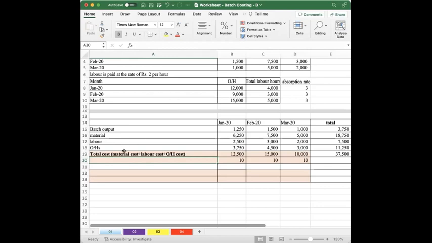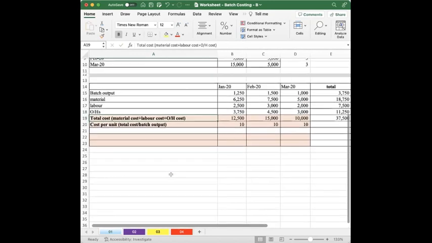Okay, now let's find out the cost per unit. So what is the cost per unit? Total cost divided by batch output. That is how we found, right? Total cost we got as material cost plus labor cost plus overhead cost.